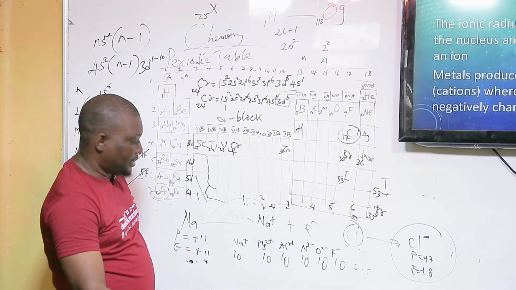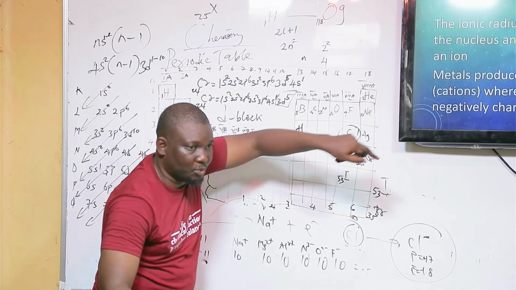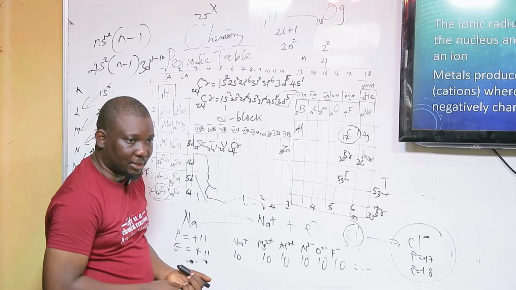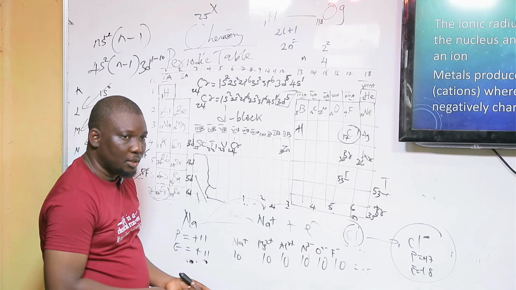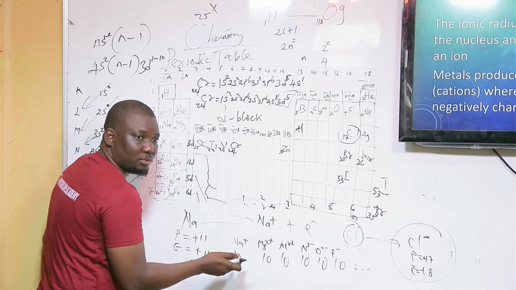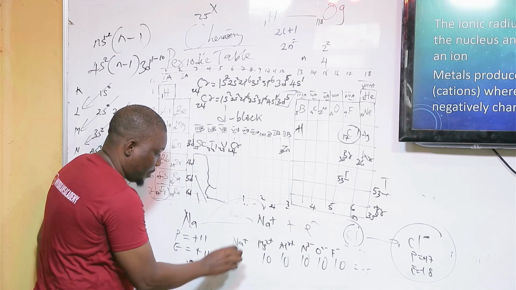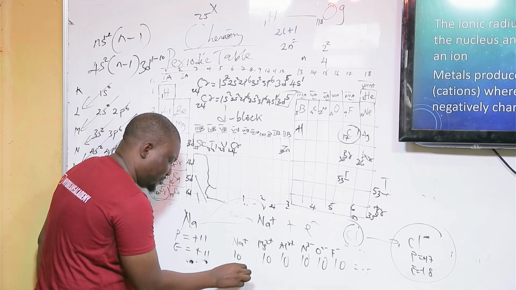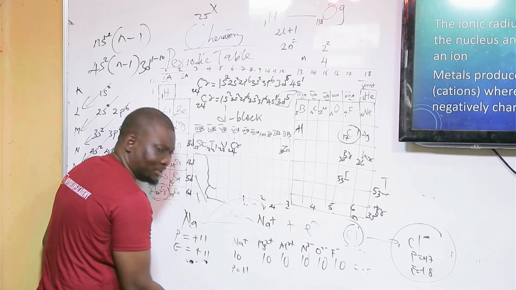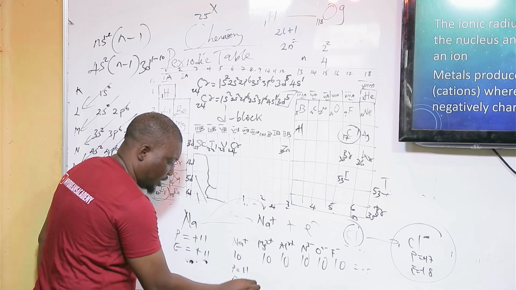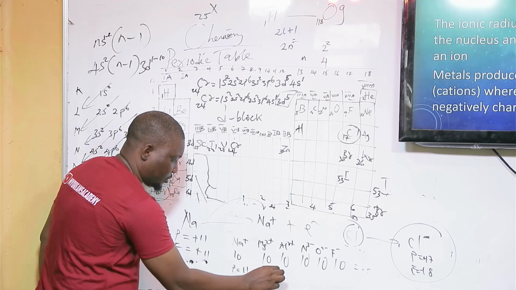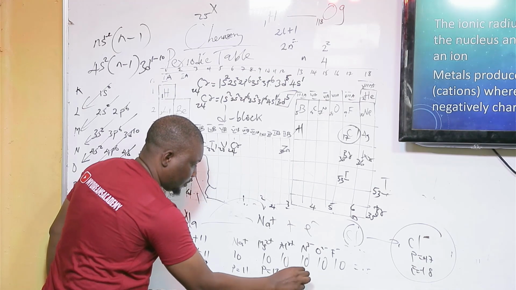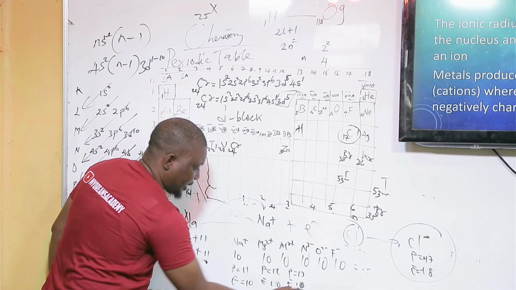And the question now is, going across the period, what happens to ionic radius? They are all ions. Is it going to increase or decrease? This is where you extract the proton-electron ratios. How many protons are here? Sodium has 11 protons and 10 electrons. Magnesium has 12 protons, 10 electrons. Aluminium has 13 protons, 10 electrons.